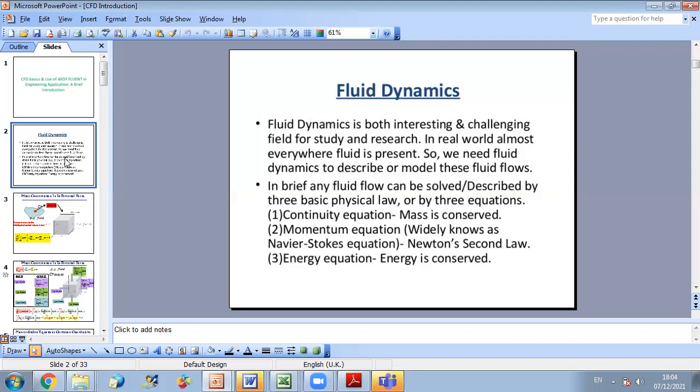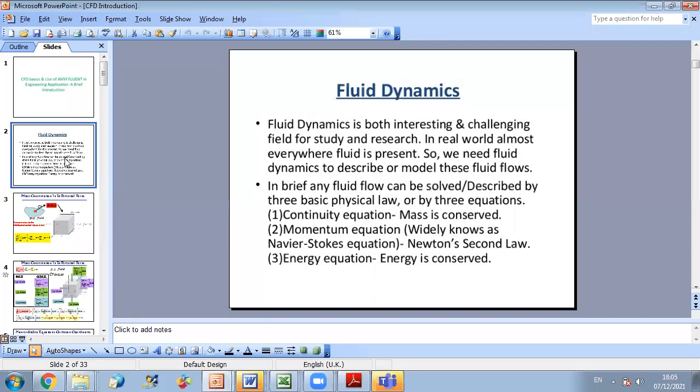First, the continuity equation, which represents the conservation of mass; the momentum equation, and you know a widely known specific case where we consider Newtonian fluids with constant viscosity and constant density. We name these momentum equations the Navier-Stokes equations, and they represent Newton's second law applied on the fluid.